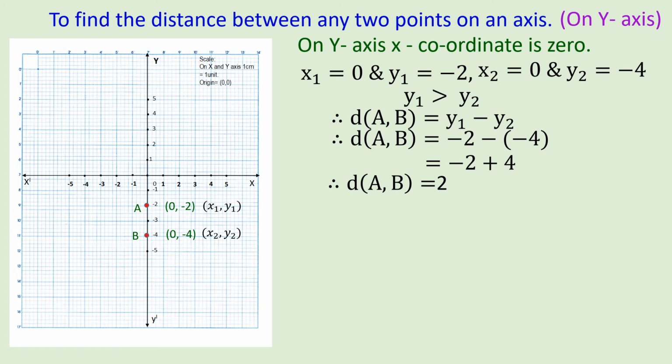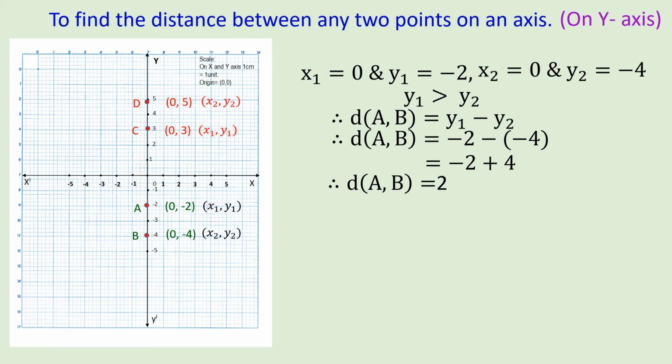Let us see one more example. We have point C and point D again on the y-axis, and their coordinates are: C has coordinates 0 and 3, and D has 0 and 5. As you know, both of them are lying on the same axis, and for point C we have taken x1 and y1, and for point D we have taken x2, y2.